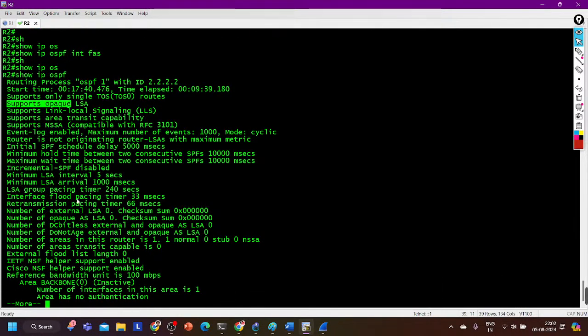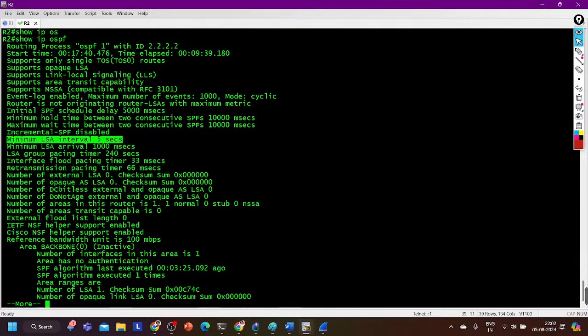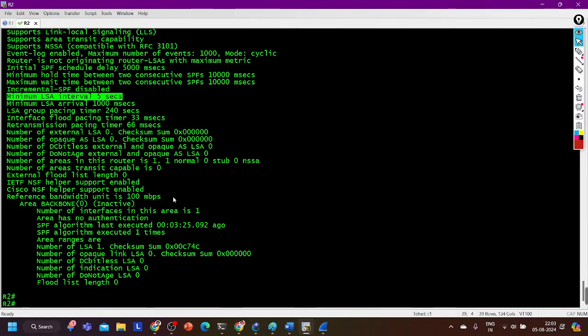Leave it for now. You can check the hello time, hold time, this information with the help of this command. You can check the reference bandwidth, right? You can check how many times this router have run SPF algorithm. SPF algorithm executed 1 time, right?